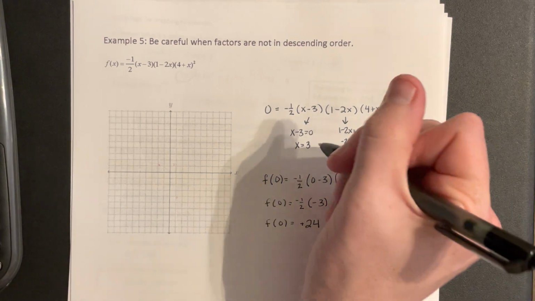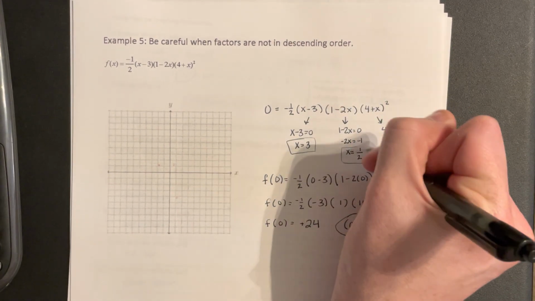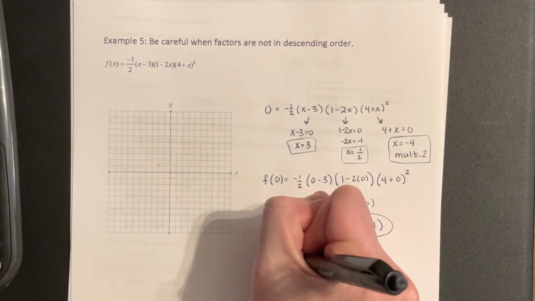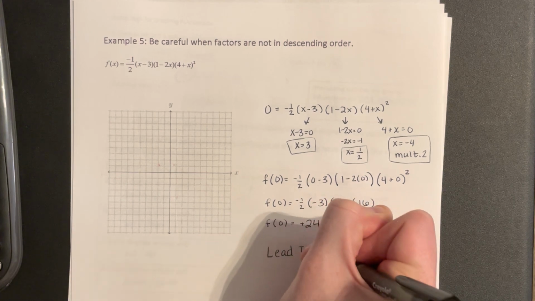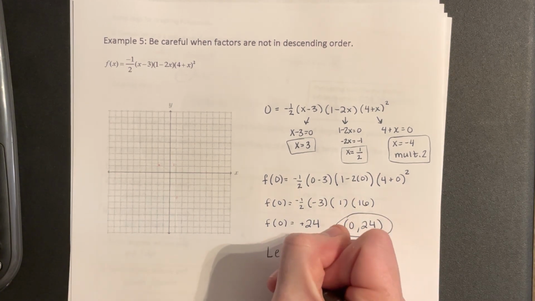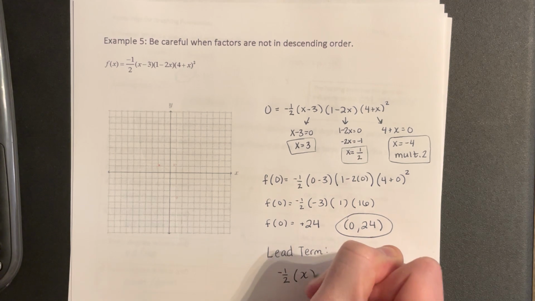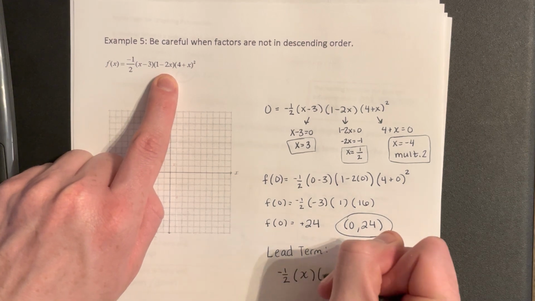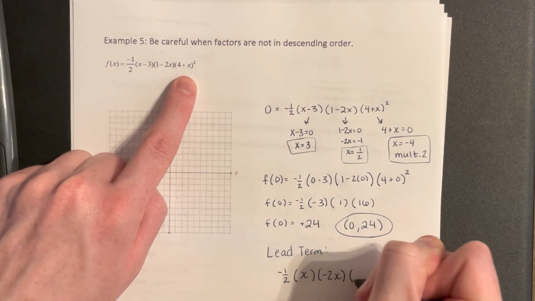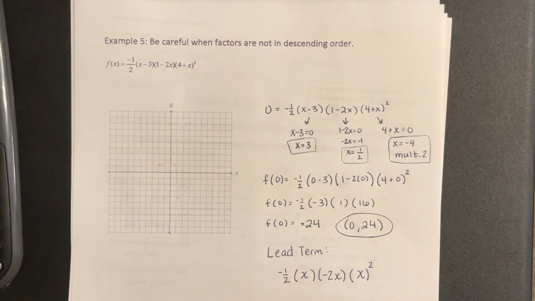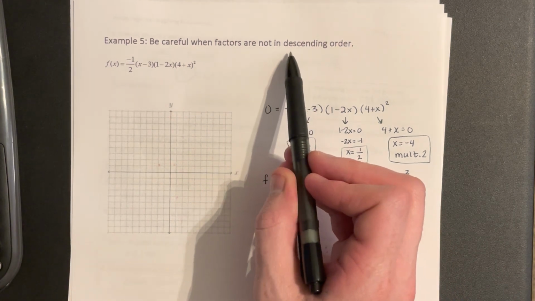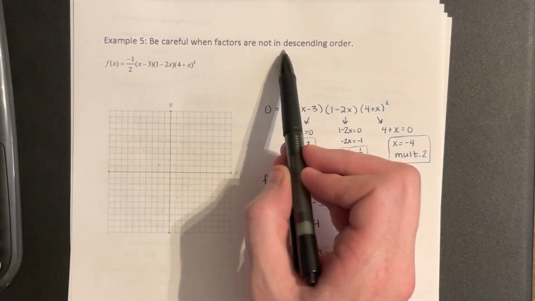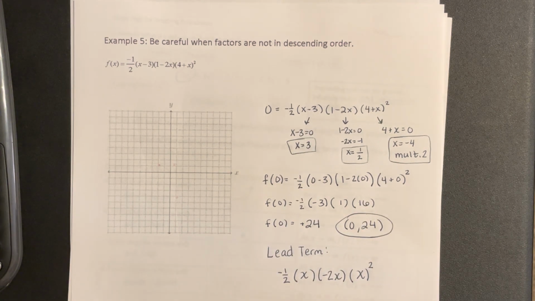We have our zeros here and our multiplicities. So that leading coefficient, or leading term, we're going to multiply negative 1/2 times an x. And then this one, I'm looking at where the x is, so negative 2x. And then this one is an x squared. If it's not in descending order, you need to look at it carefully so that you can find that leading term.